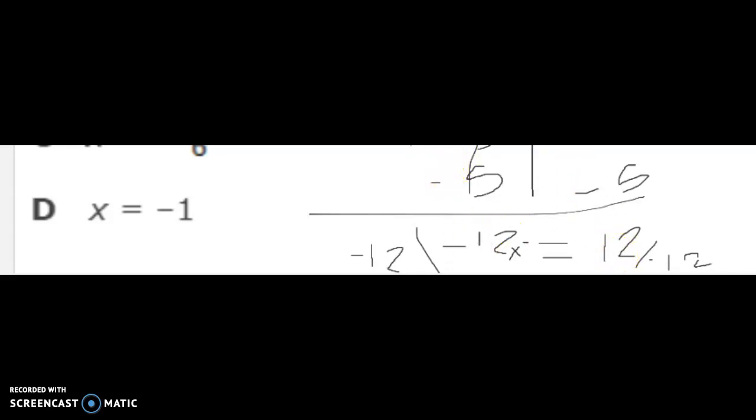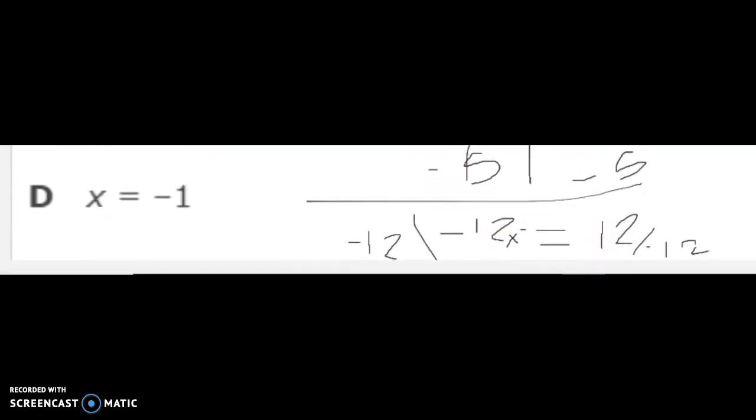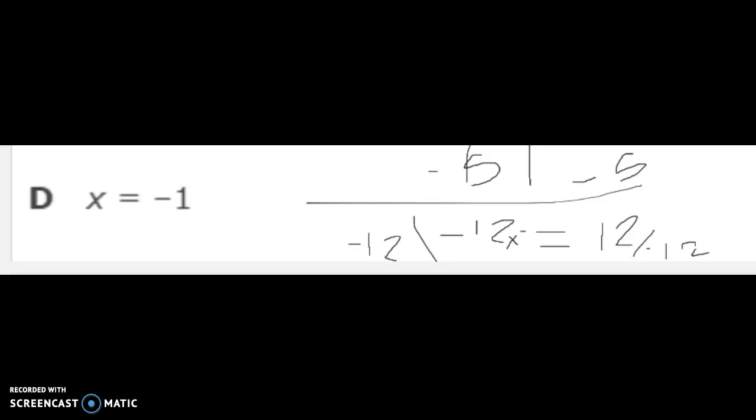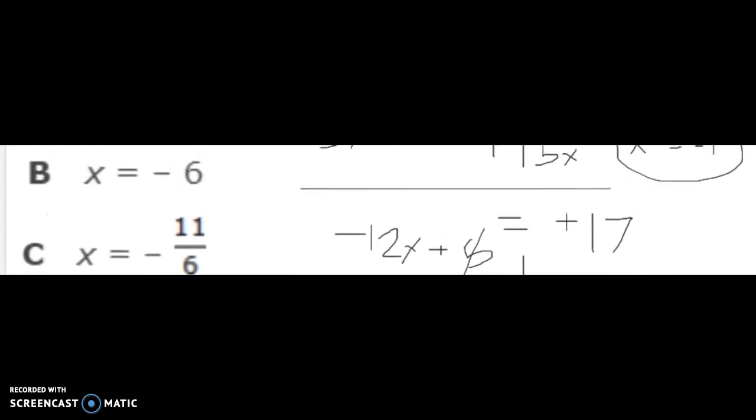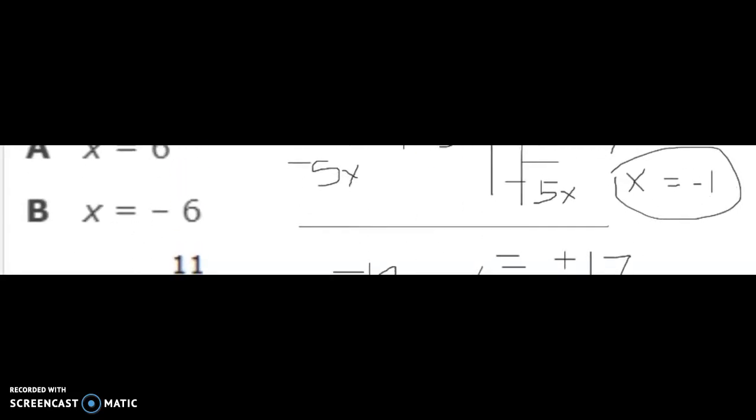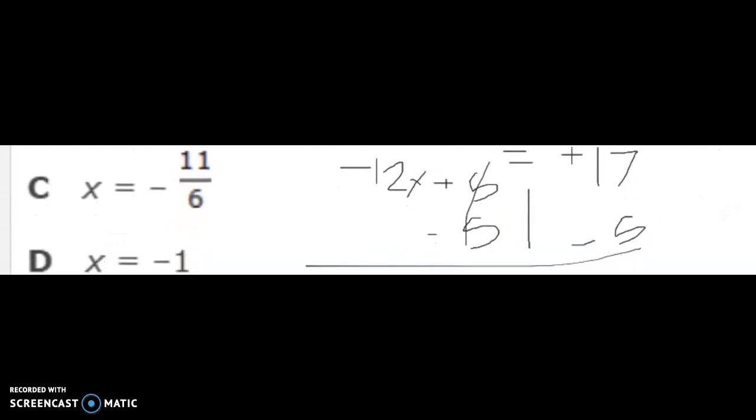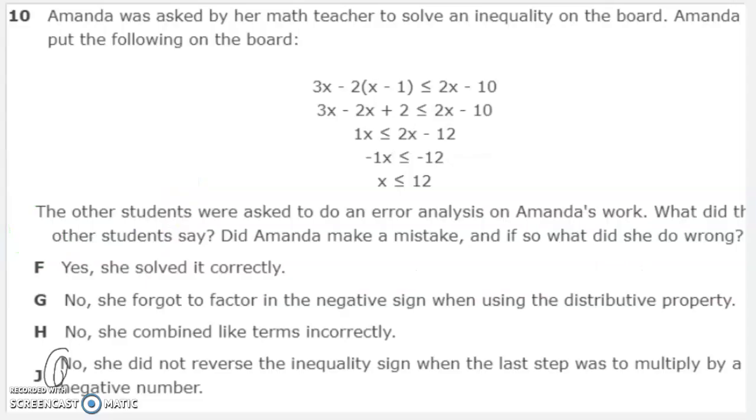Then she divided both sides by a negative 12, which leaves x on the left-hand side, so we should be getting x equals negative 1. So the correct answer for this one is D. D is the correct answer on this. So make sure you make the correction on your document.